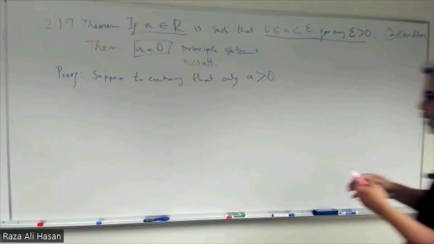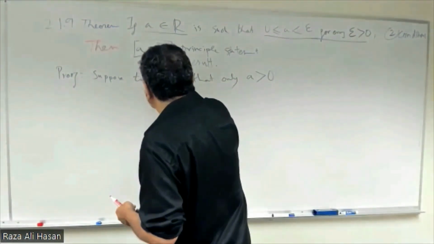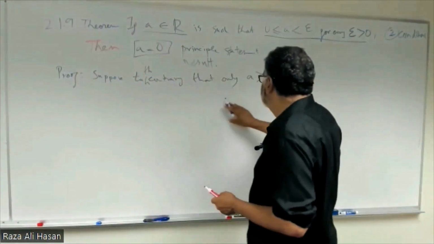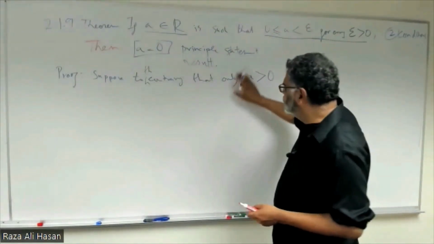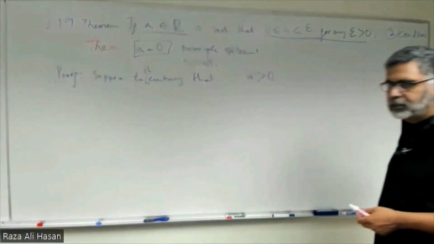Suppose to the contrary that A is greater than 0.